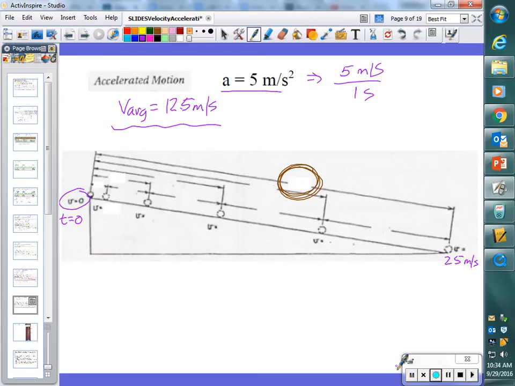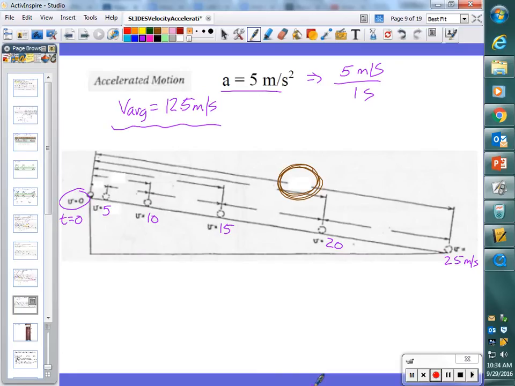The other way we could do it, knowing all of these instantaneous velocities, is to add up everything along the ramp. 0 plus 5 plus 10 plus 15 plus 20 plus 25. We have to include the 0 in there, because that was one of the instantaneous velocities we talked about.